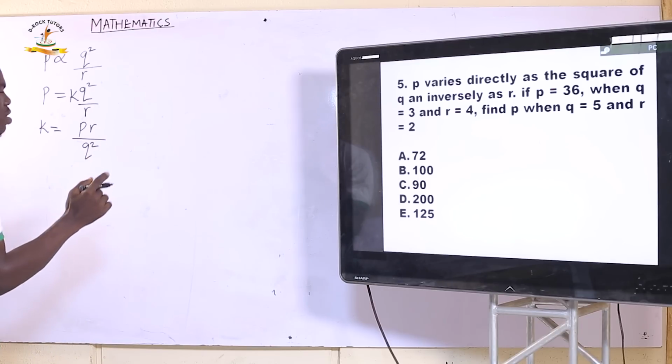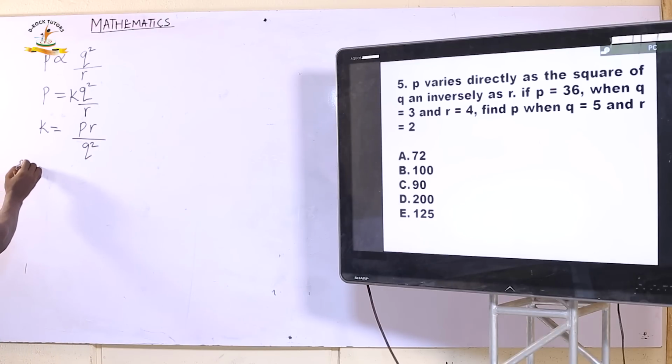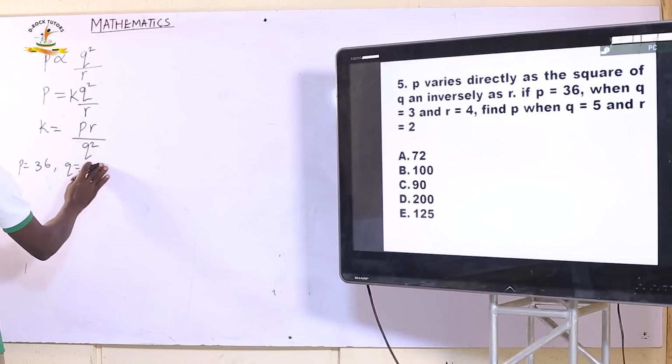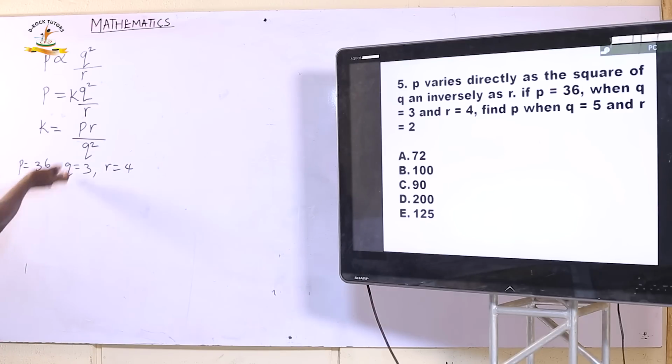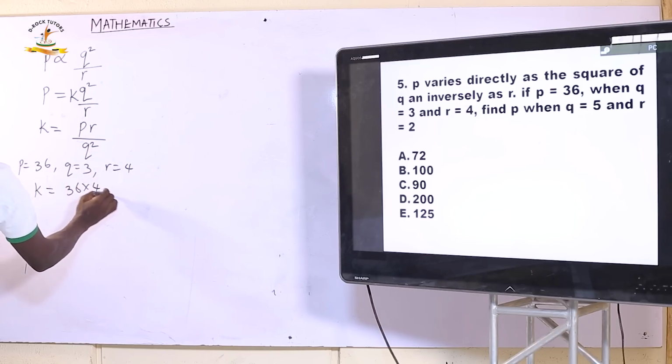So don't forget, the question says when P was 36, my Q was 3 and my R is 4. So I put these values into this to get my K. So K equals P, which is 36, times R, which is 4, all by Q squared, which is 3 squared.